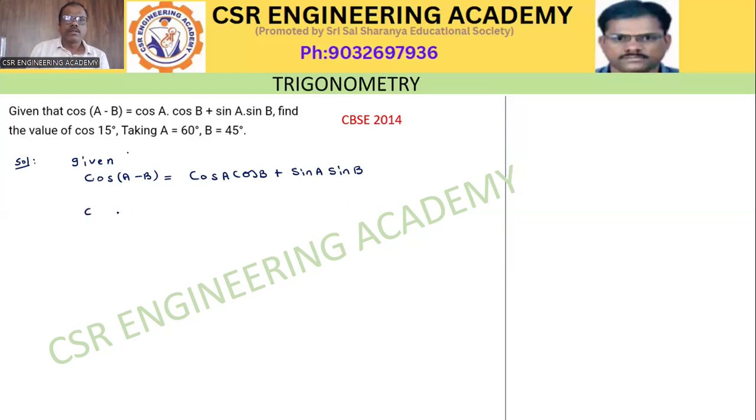That is cos 60 degrees minus 45 degrees, which is cos 15 degrees, is equal to cos 60 degrees into cos 45 degrees plus sin 60 degrees into sin 45 degrees.